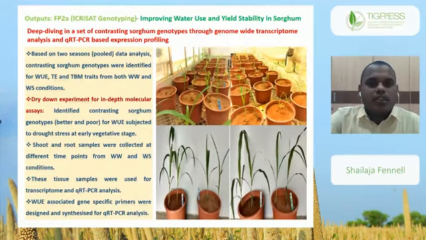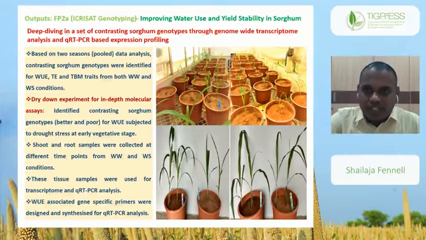In order to deep dive into the molecular networks underpinning these important traits, we have also done some transcriptome analysis. We used contrasting sorghum genotypes, which we narrowed down from the 2 seasons pooled data, for a dry down experiment.